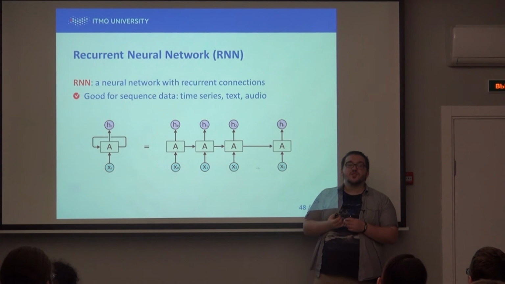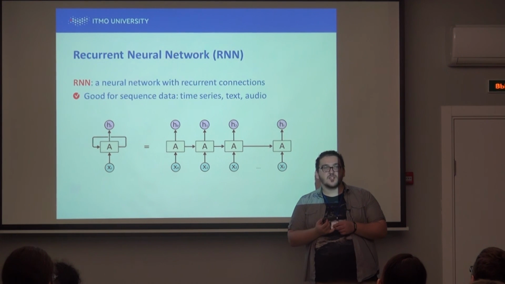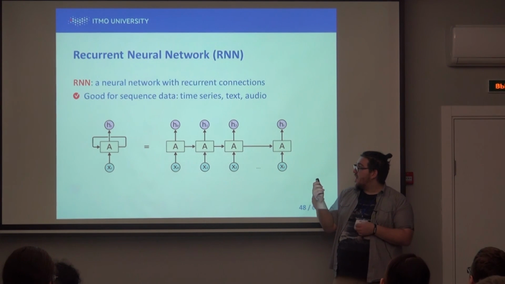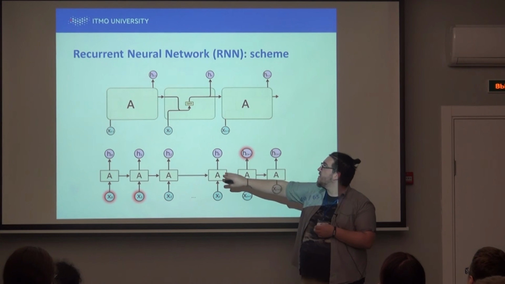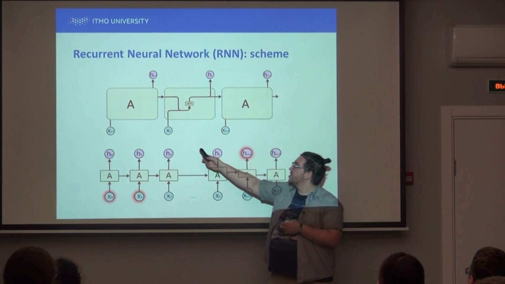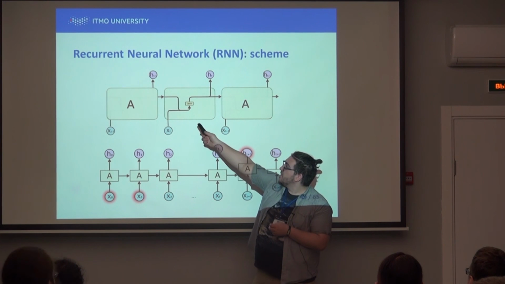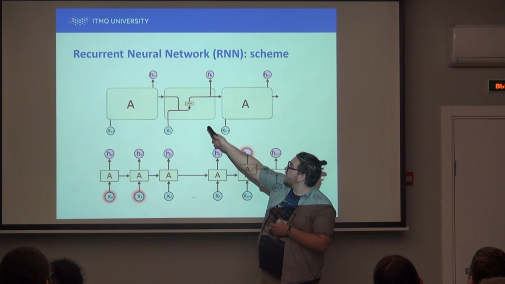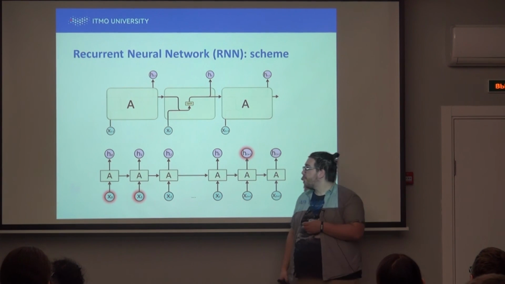So this architecture is very good for processing sequential data, text, music, and so on. So a simple architecture is just like this one. We have connections from input layers, and we have connections with previous layers. So they are summarized, and the activation function is hyperbolic tangent.